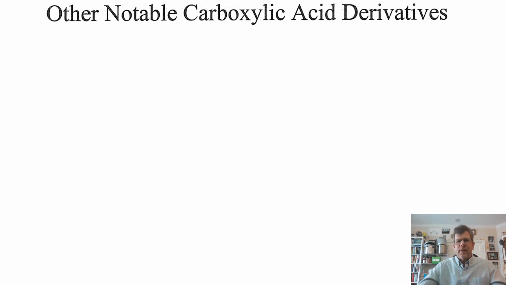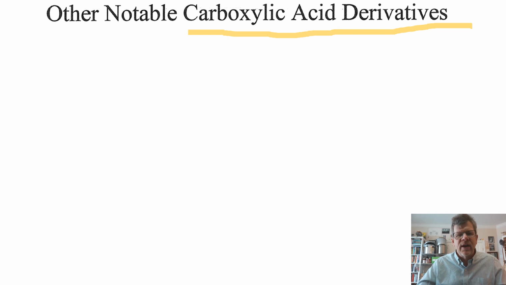Okay, let's wrap this up. There are a number of other types of functional groups which we did not go over in any sort of detail at the beginning of this course, which do pop up from time to time, but they don't rise to the importance, say, of carboxylic acids or esters. But they can be said to be derived from carboxylic acids, the carboxylic acid derivatives, as I've shown here.